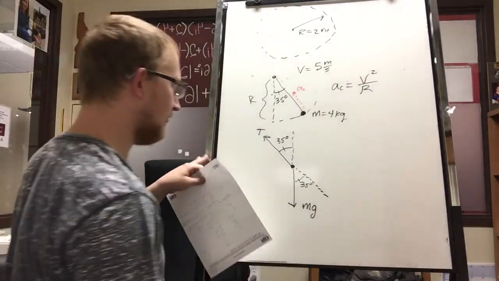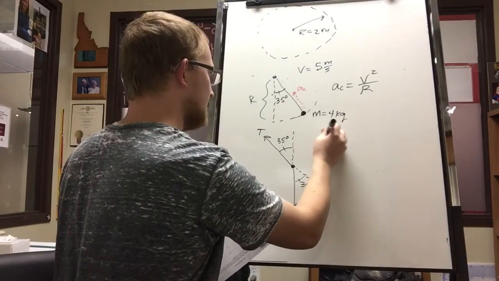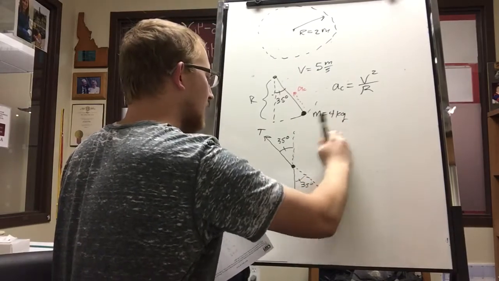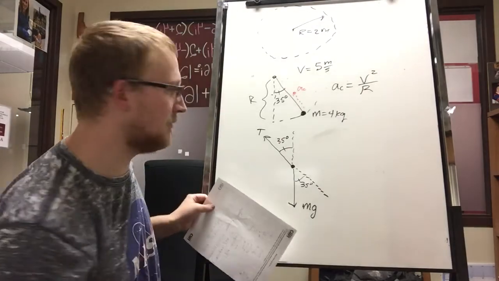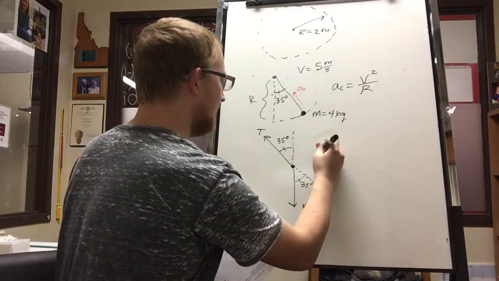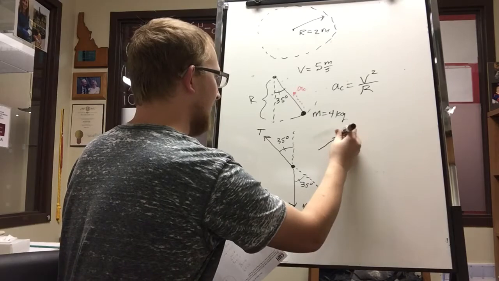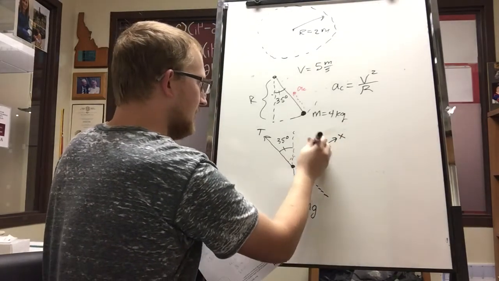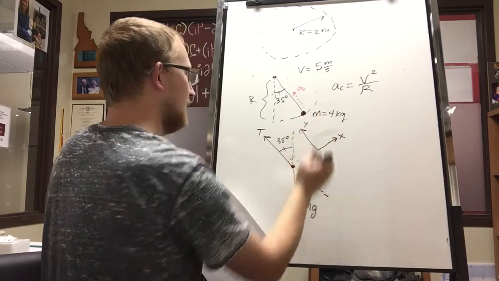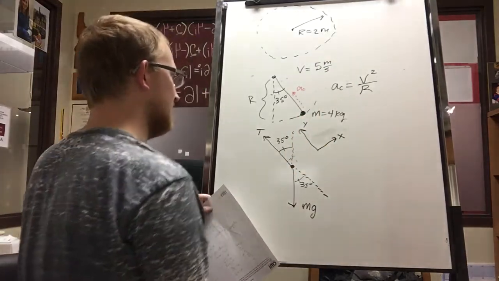So let's do our free body. Actually, let's pick our axes. This is a little bit weird, but it seemed to work out better for me. I'm going to pick my x-axis orthogonal to the tension, and my y-axis in the same direction as the tension.